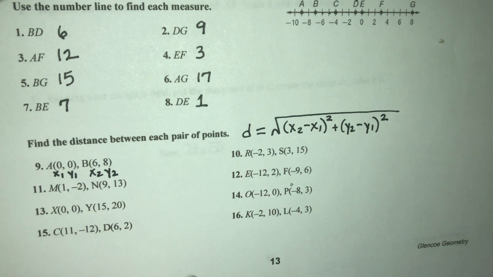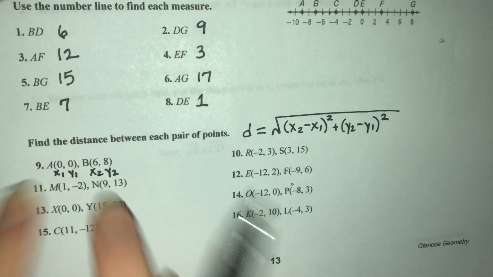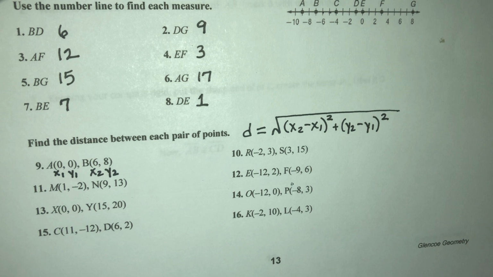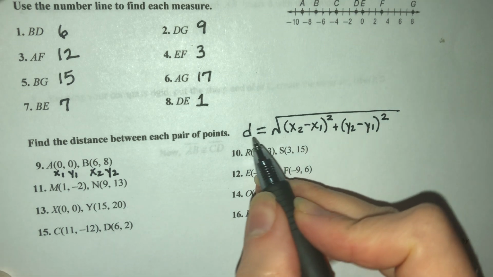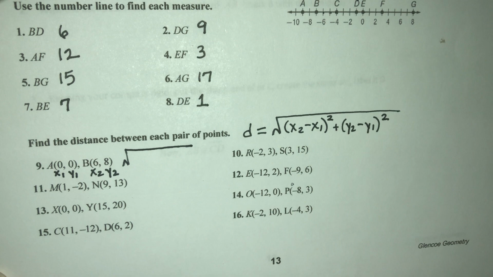And technically you could switch the first and the second point and it wouldn't matter, but both 1s need to be in one and both 2s need to be in the other. I just always label them the same way for consistency, and it helps you to keep track and not make mistakes. So now I'm going to write the big long square root and fill in the numbers where they go.